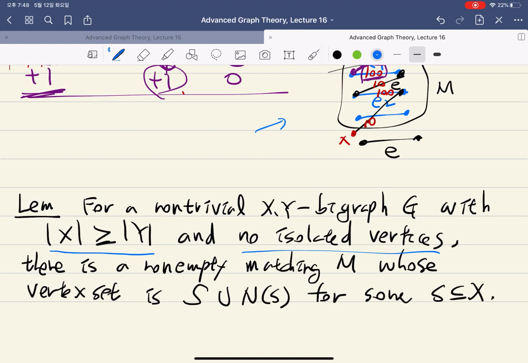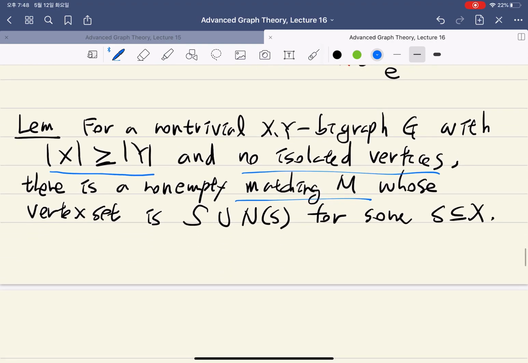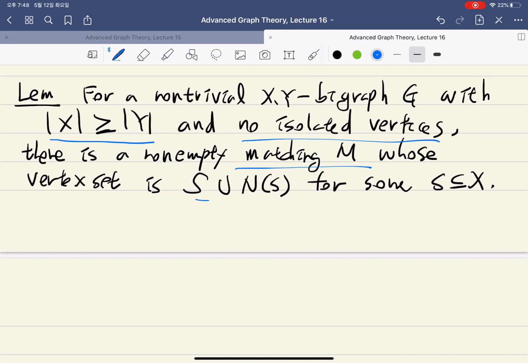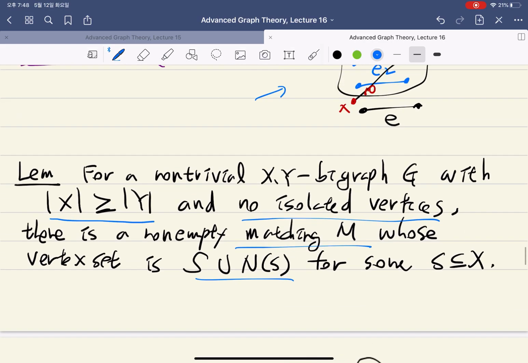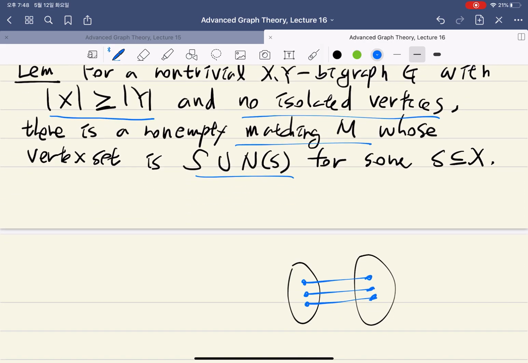Then you can find a matching whose vertex set is S union neighborhood of S for some subset S of X. In that case, if we take this M and delete that, and then do this argument, then we don't have any edges like this.